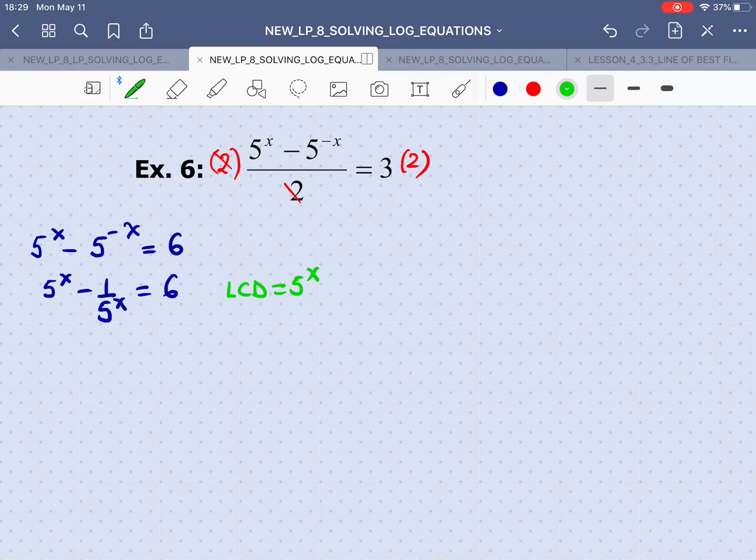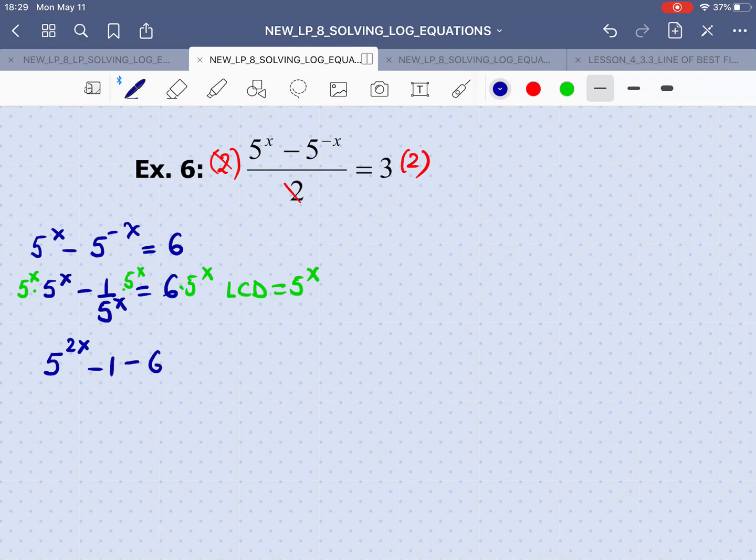And the lowest common denominator is 5 to the power of x. So you multiply here by 5 to the x, multiply by 5 to the x, and multiply by 5 to the x. The equation now will change to become 5 to the power of 2x minus 1.